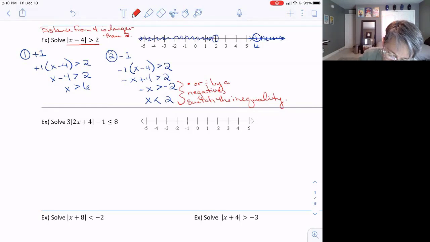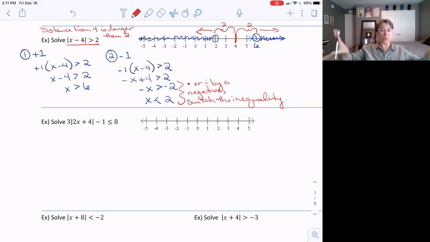If this is our 4 right here in the middle, there's 2, so it has to be larger than 2. Over here on the left, that 2 is 2 distance away. So we're going away from the number 4. We end up with 2 intervals as our solution.